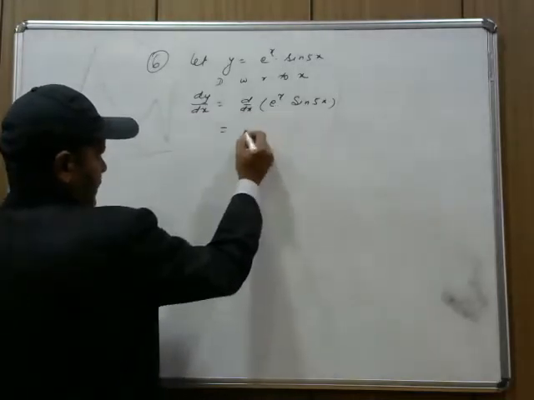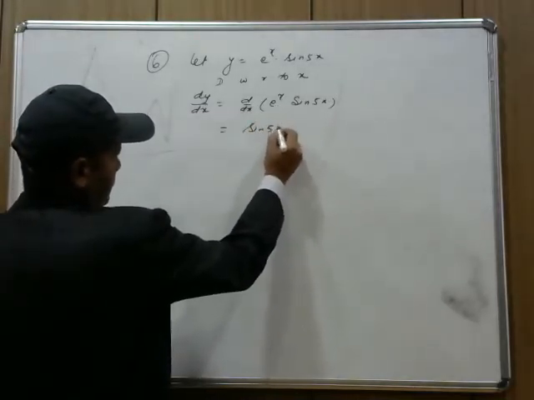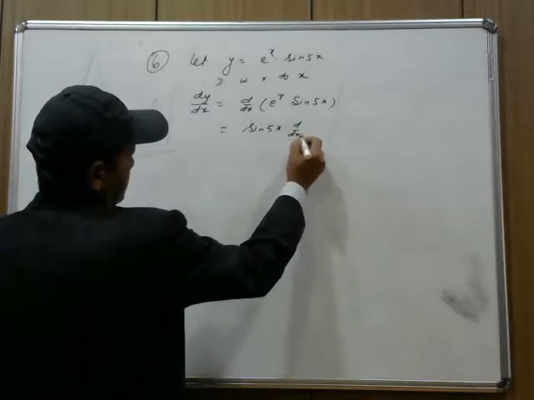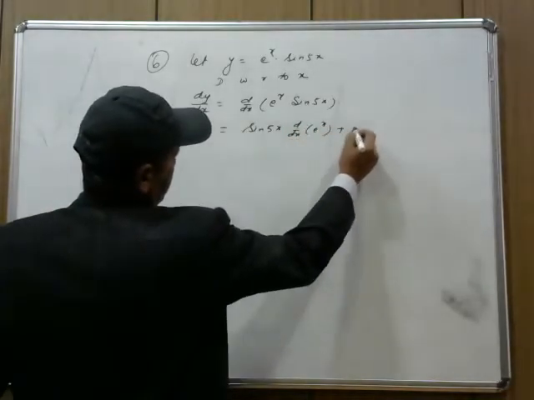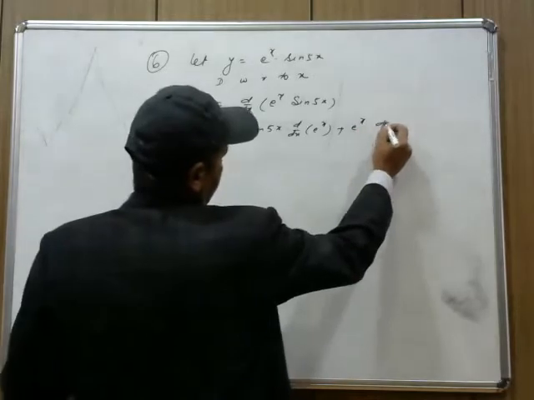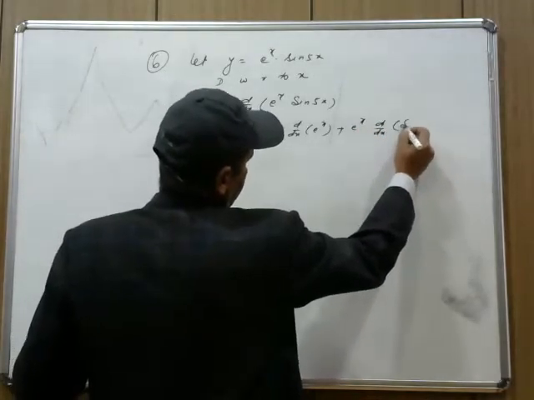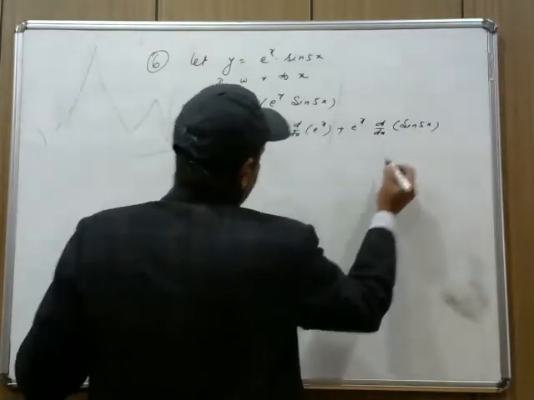Differentiation of the first, second as it is: sine 5x into differentiation of e to the power x, plus e to the power x as it is, and differentiation of sin 5x.